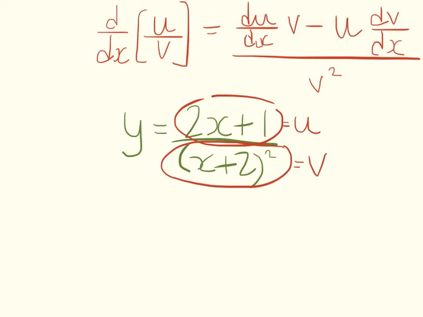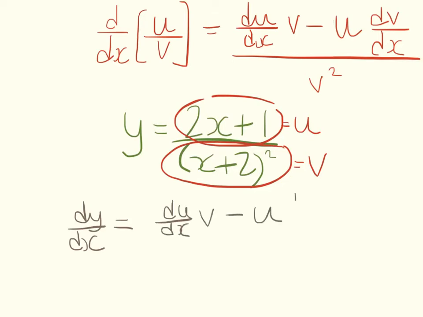So let's write it out properly this time. So we want to say that dy by dx equals du by dx v minus u dv by dx over v squared.